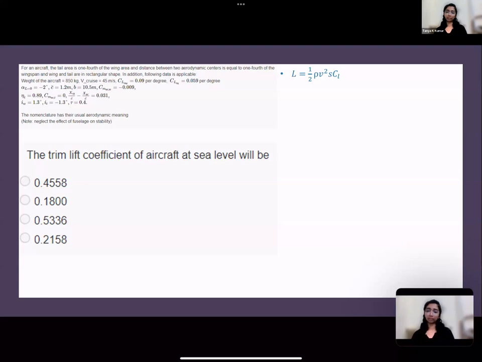What is rho value, you tell me? Read the question carefully again.